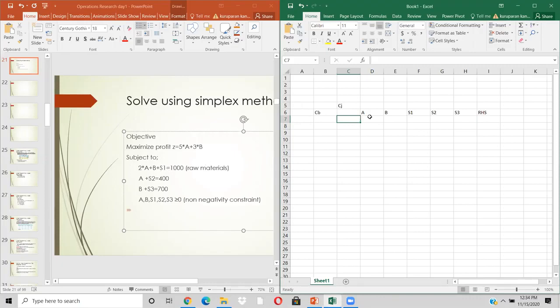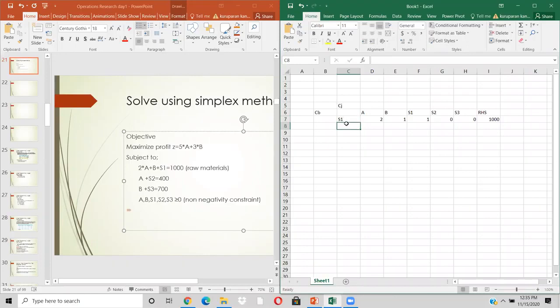How many a's are there? 2. How many b's? 1. How many s1s? 1. How many s2s? 0. How many s3s? 0. What is meant by RHS? The right hand side value of the constraint. That's 1000. Here we will say the basic variable is S1. So write here S1. Okay.